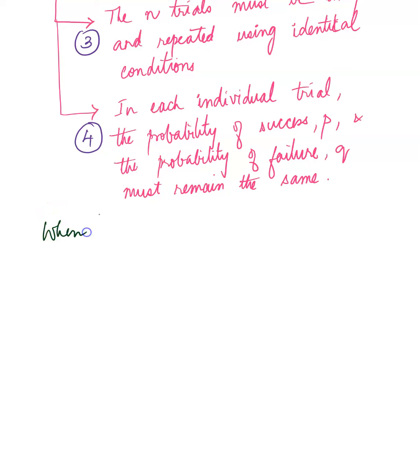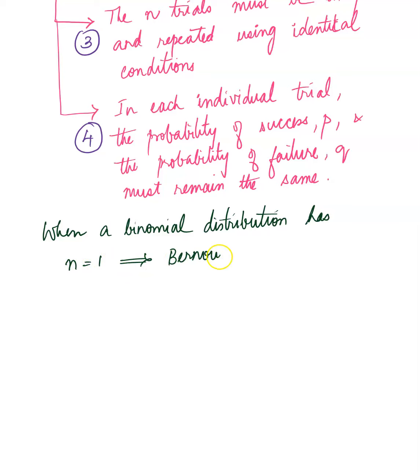When a binomial distribution has n equals 1, it implies we're talking about a Bernoulli trial. So it's just a side information for us, just something for us to know. But honestly, this is something you'll see in higher or advanced math and advanced statistics. So it's good to know that something like this is around.